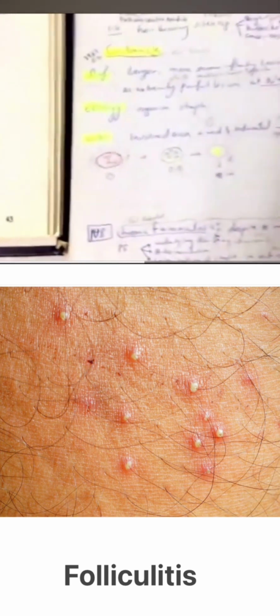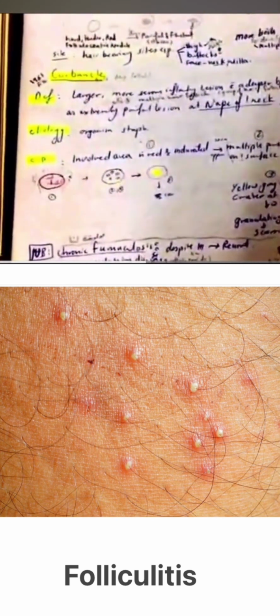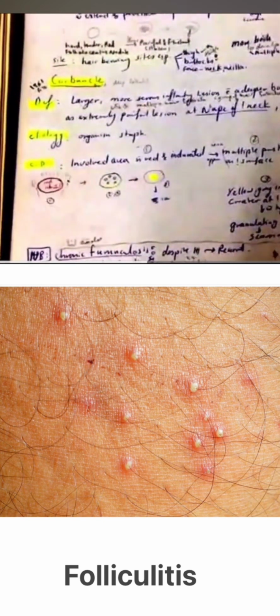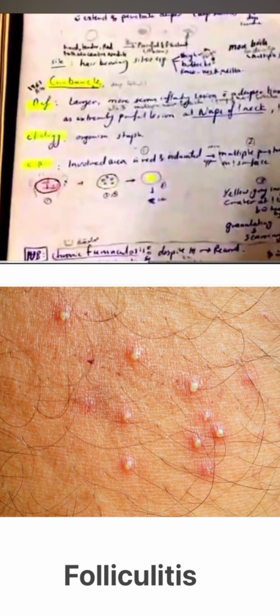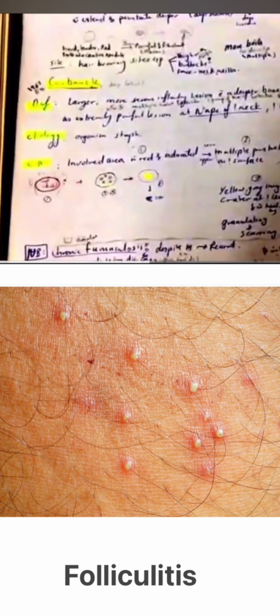The carbuncle is a larger and more serious inflammatory reaction with a deeper base, characteristically an extremely painful lesion at the nape of the neck, sometimes in the back and thigh. Etiology: the organism is staph.